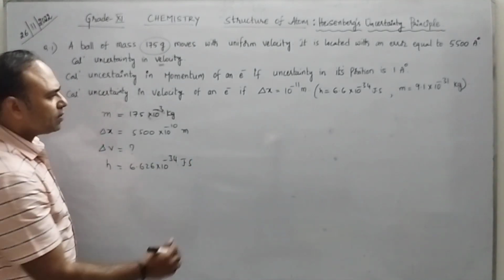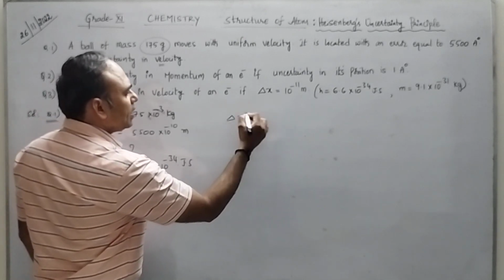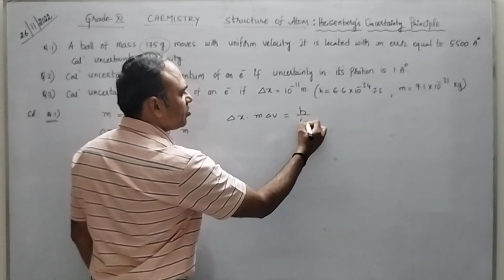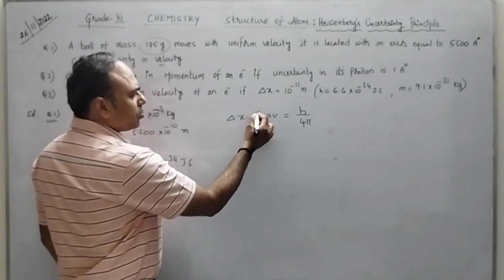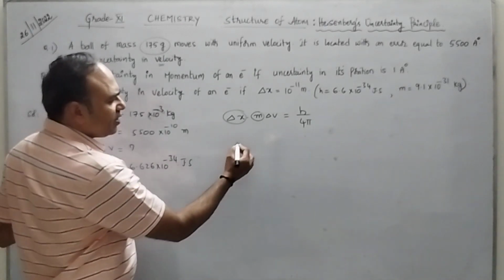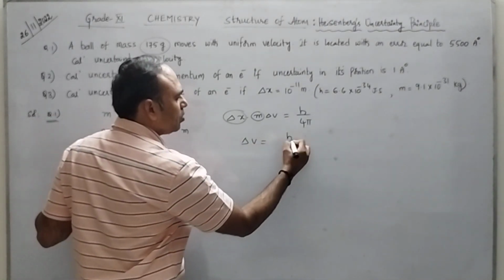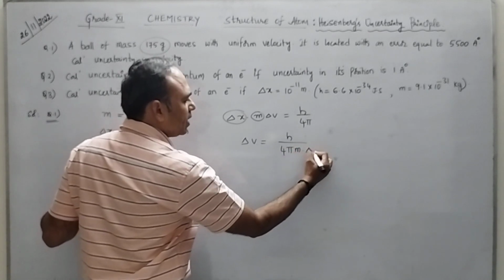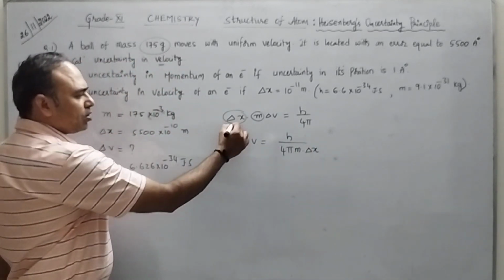And we know the formula. Delta x into m delta v is greater than or equal to h by 4 pi. So remaining all we can send to the other side. Let us write delta v is equal to h by 4 pi m into delta x. Hope you are able to understand this.